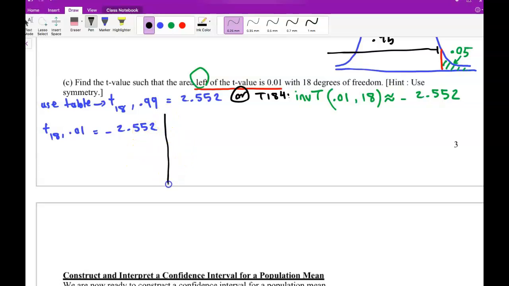So let me explain this one more. What we have here is that when t has degree of freedom 18, and this is to the left. What we had for the t-value was that here alpha is the area to the right. So what that means, here I should have 0.99, and we don't have this one in the chart.